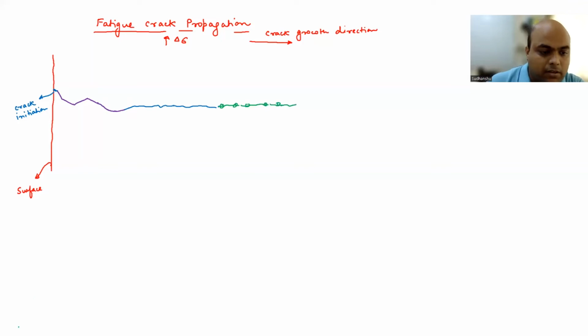So we can have 3 stages of propagation. If you remember, I mentioned in the last lecture also, stage 1, stage 2, and stage 3.